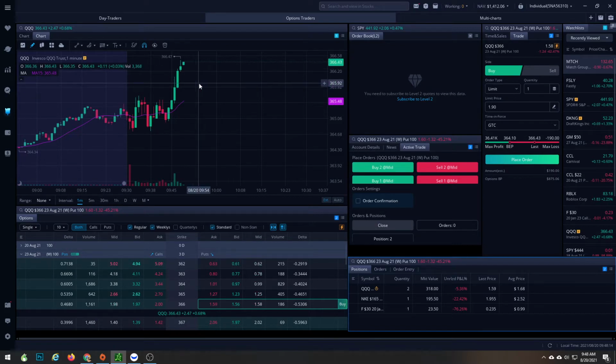Next level is going to be around 15,050. Right now it's heading towards there. So I might be sitting in the red for a little bit here, unless it pulls back. If it pulls back, I'll get out and then get back in at a better entry point.